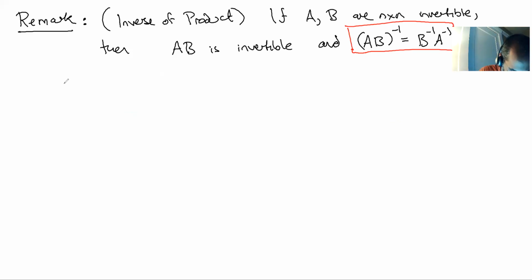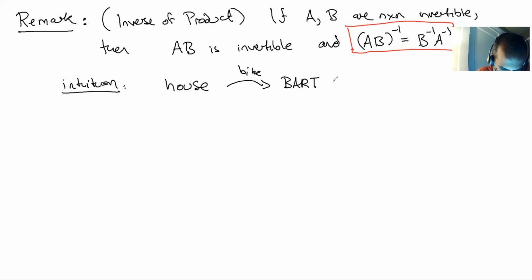So for example, let's think about directions. Suppose I want to go from my house to Ocean Beach, right? Well, first maybe I'll bike to the BART station, and then maybe I'll take the BART to, actually I think I have to take BART to Civic Center, and then maybe take a Muni, and then I get to Ocean Beach.